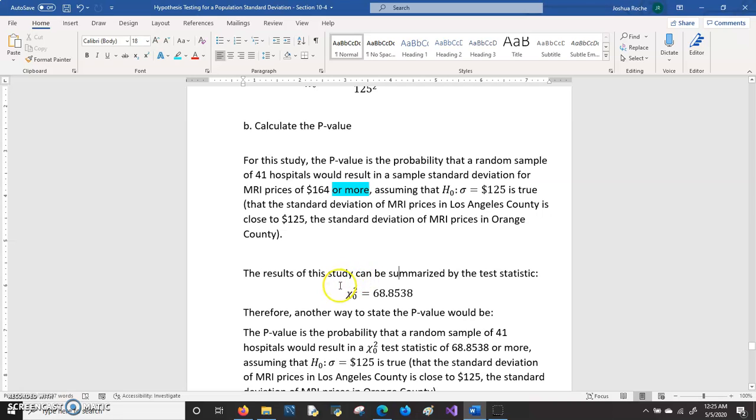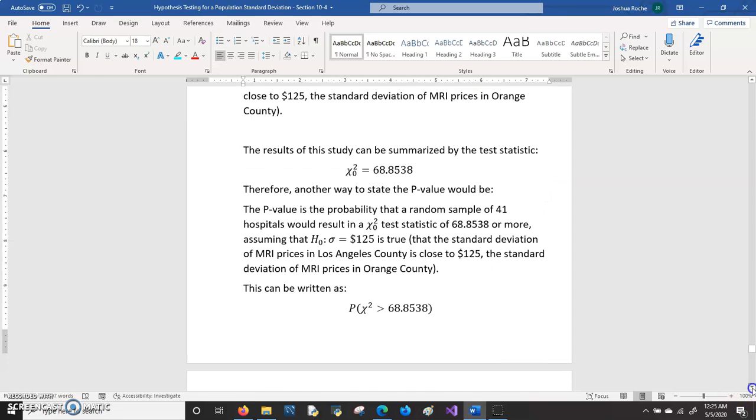So note also that the results of this study can be summarized by this test statistic, 68.8538. So instead of defining the p-value this way, we could state it this way. The p-value is the probability that a random sample of 41 hospitals would result in a chi-squared test statistic of 68.8538 or more, assuming that the null hypothesis is true.